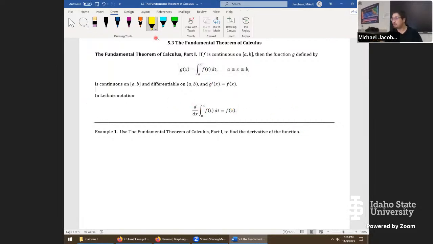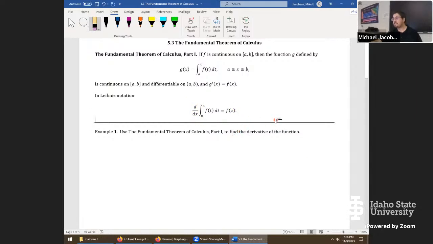Visualizing it in Leibniz makes it more striking. It's saying the derivative with respect to x of the integral from a to x is just f of x. In this way, we can think of integration and differentiation as being completely inverted processes. Well, through at least this formula right here. So that's kind of a wild problem.